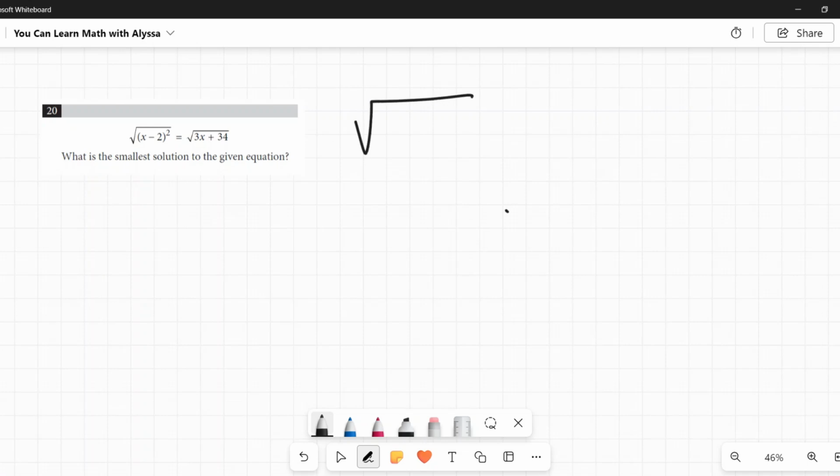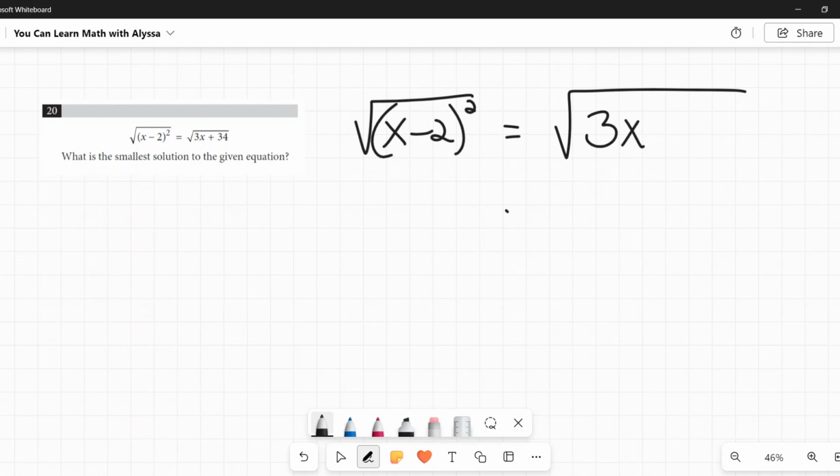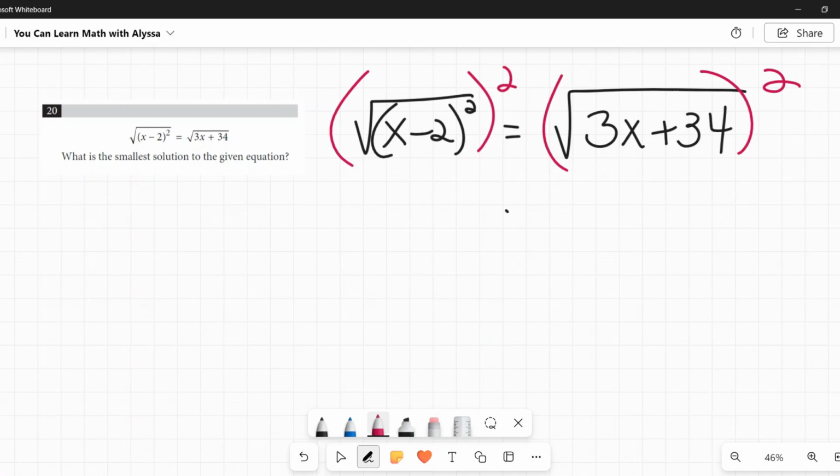So mathematically, if I have the square root of x minus 2 squared equals the square root of 3x plus 34, to undo those square roots, I need to square both sides. That just gets rid of the square root. So then on the left, I will have x minus 2 squared.